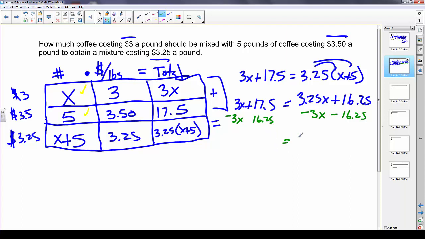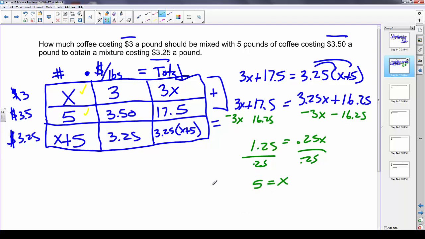This is going to leave me with 0.25x on the right side, and on the left side I'm going to have 1.25. So now I divide 0.25 by either side. I end up with 5 equaling x.